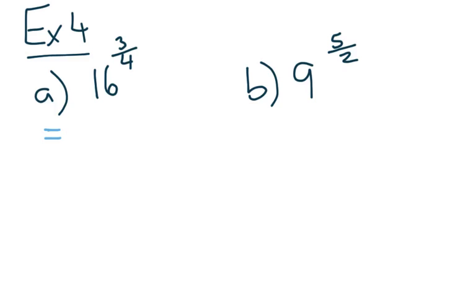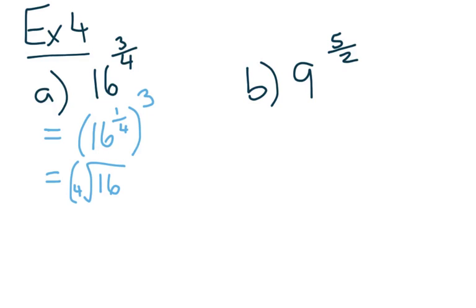So what we have is, if we put it like this, 16 to the power of 1/4, all to the power of 3, that's how we get 3 times 1/4. So I've split it up. Now I can work out the 4th root of 16, all to the power of 3. So the 4th root of 16 is 2, so we would have 2 cubed, and that equals 8 as our final answer.